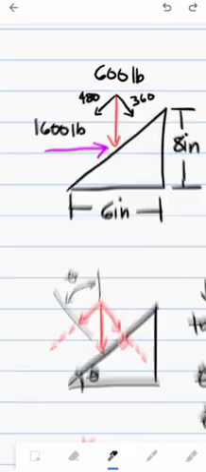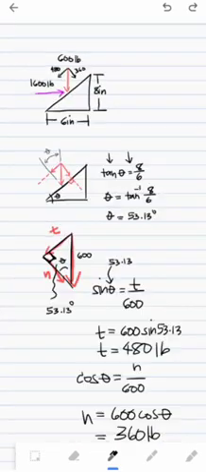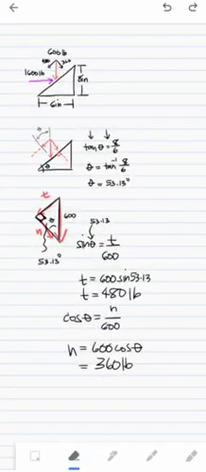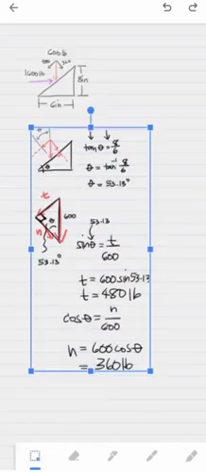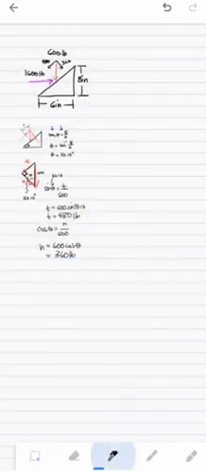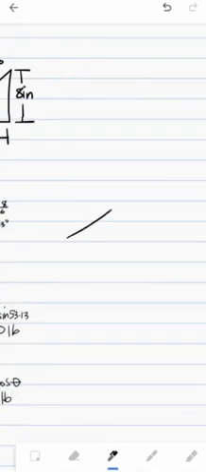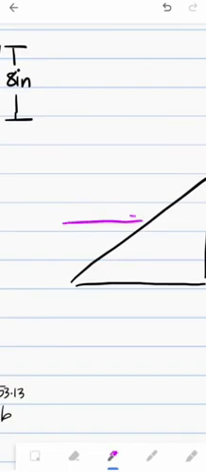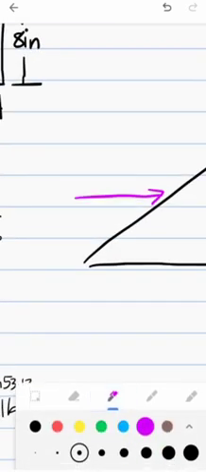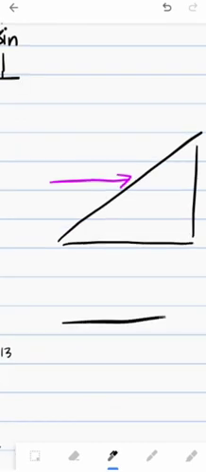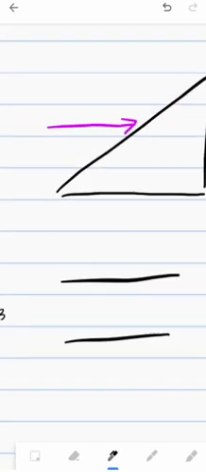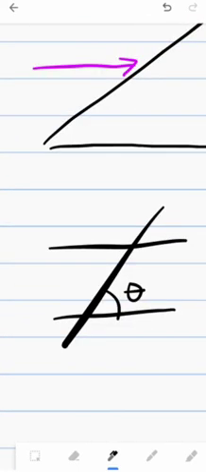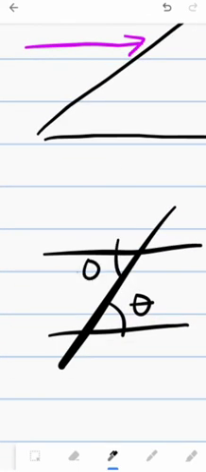Because those are the components. Now, moving on to our next force, which is the horizontal one right here. We should realize that whenever two parallel lines are cut by a transversal, these two alternate interior angles must be equal to each other.